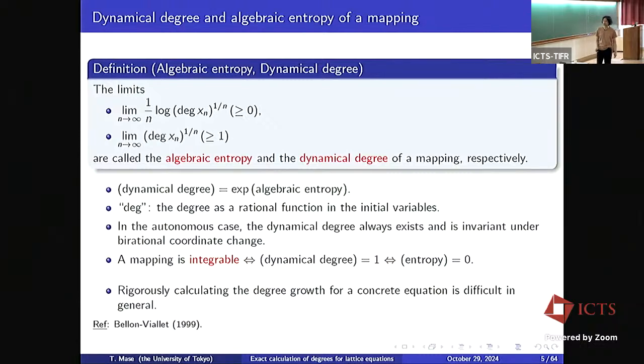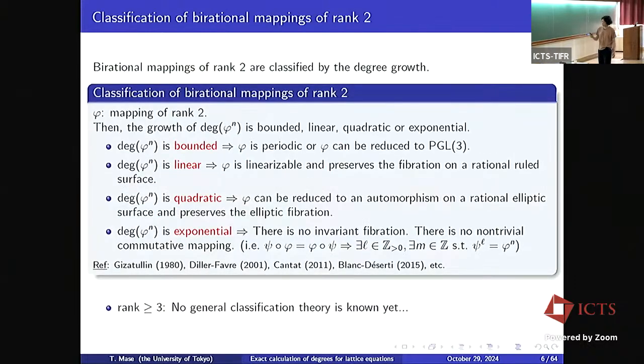But the problem is, these values are always well defined in the autonomous case, but calculating these values is not easy at all for a concrete equation. That's the biggest problem about degree growth. In the case of mappings of rank 2, a lot of results are known like this, but this is the biggest result, done mainly by Diller-Favre.